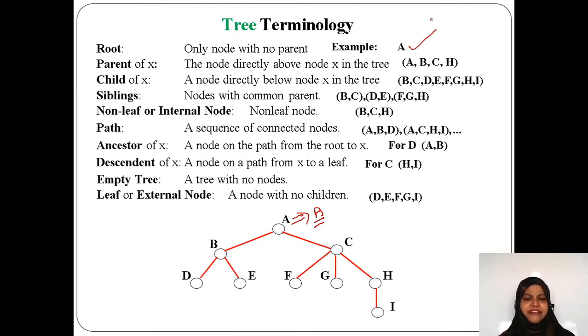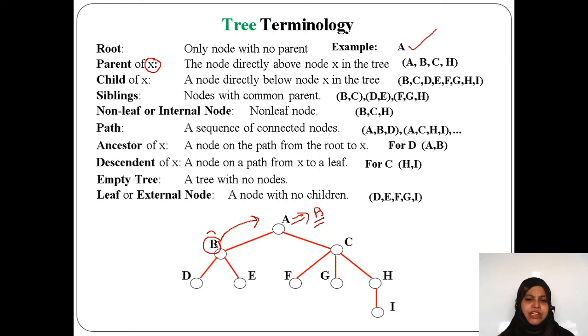Next one is the parent of X, meaning the node directly above X in the tree. How are we defining the parent of X? The node directly above X. For example, for this node B, which one is the parent? Here for this node B, parent is A, the node which is directly above that particular node.